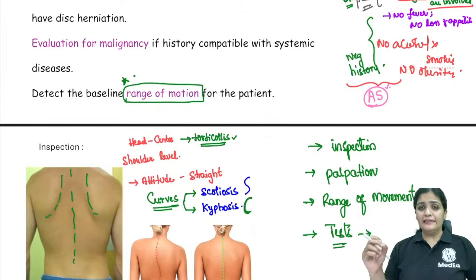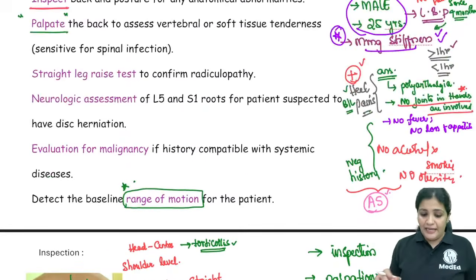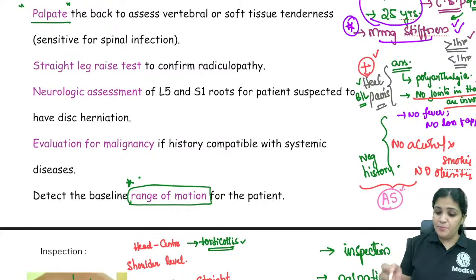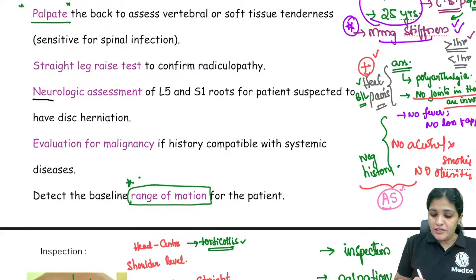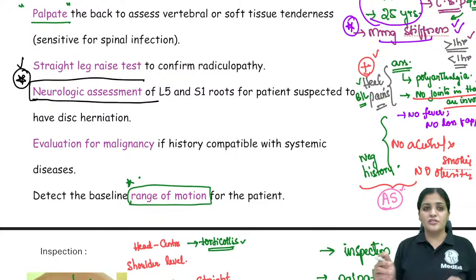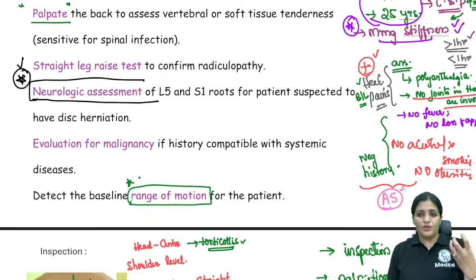So this is the thing which you have to understand, that the inspection, palpation, range of movements and various tests. Completing this range of tests, the most important next thing you have to understand is the neurological assessment. Whenever you see a spine case or back pain, it is sometimes associated with some amount of neurological involvement.